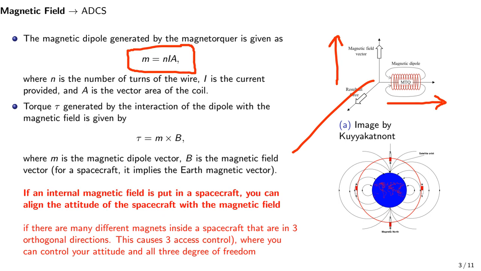Suppose there's a magnetic field in this space, for instance, the Van Allen belt. Remember this, which generates a magnetic field, and then your spacecraft is also in this direction.